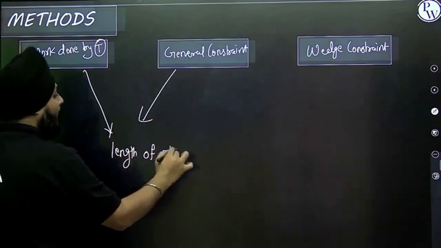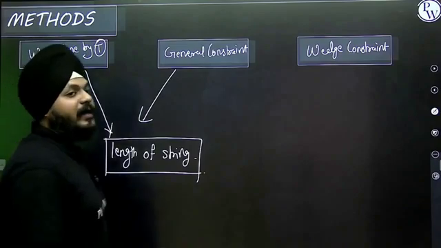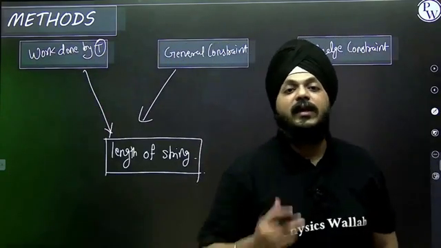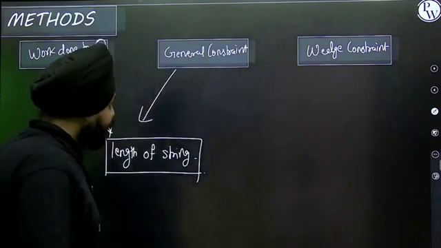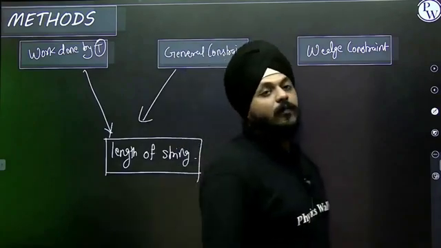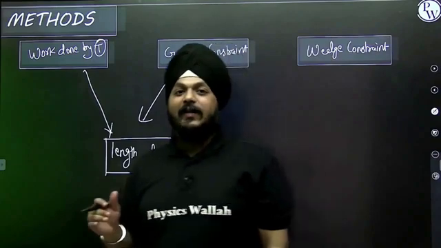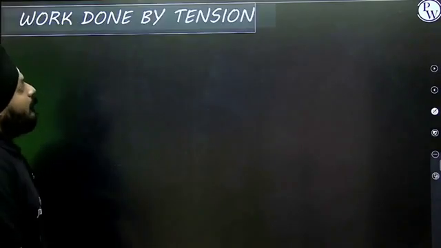But this is quite complicated, right? This method is quite complicated and at the first sight, no one is able to understand that. Wedge constraint is simple. So for that reason, we are discussing directly 3 shortcuts one by one, right?